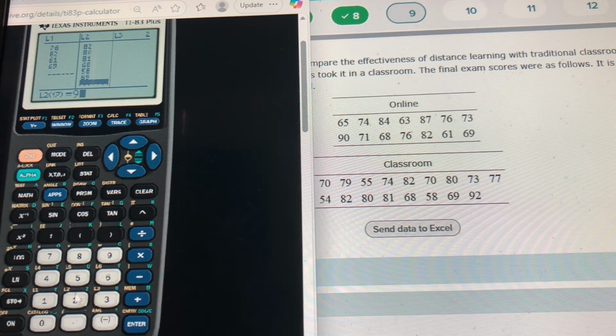These are not matched together. These are not like before and afters. So the data don't have to be side by side with each other. And in fact, one can have a larger sample size than the other.